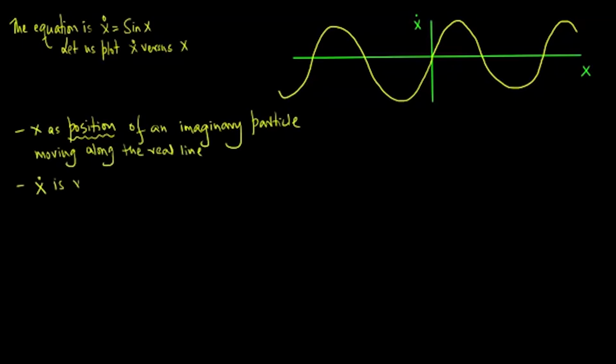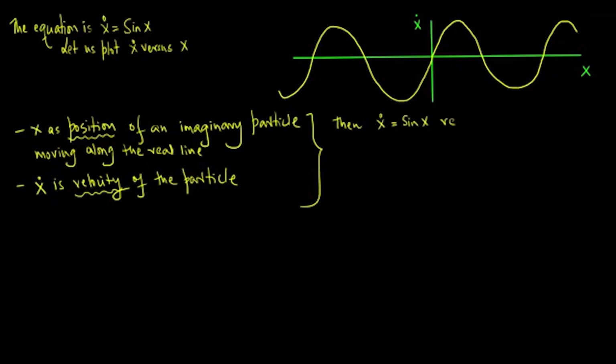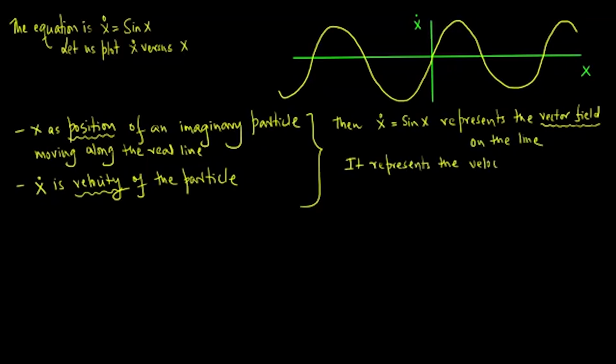Then x dot is the velocity of the particle. Then x dot is equal to sine x represents the vector field on the line. Essentially it represents the velocity vector x dot at each x.